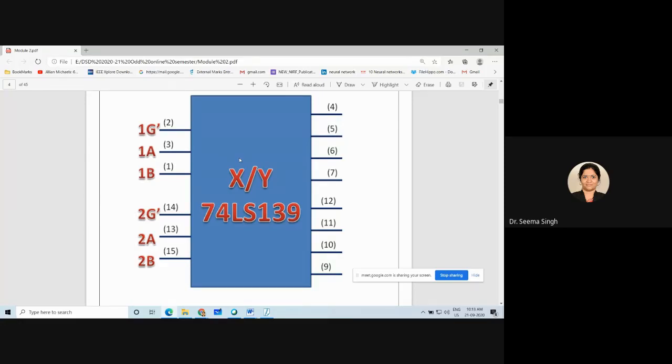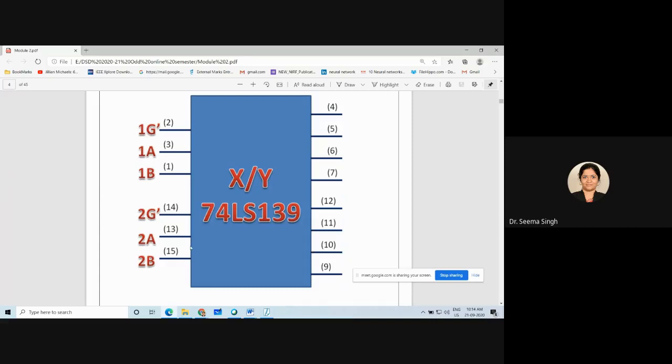What you can see is pin number 1, 3, 4, 5, 6, 7. This forms one decoder, and this enable pin is G dash, active low enable, what I have taught you just now. So the first decoder has 1A, 1B as input and 4, 5, 6, 7 as output, a 2:4 decoder with enable pin 1G dash.